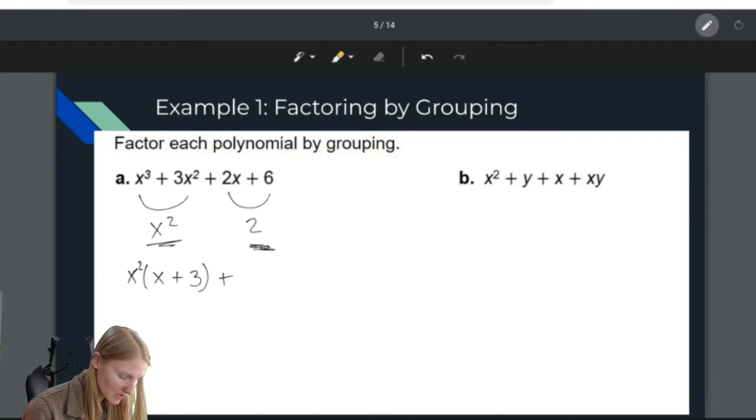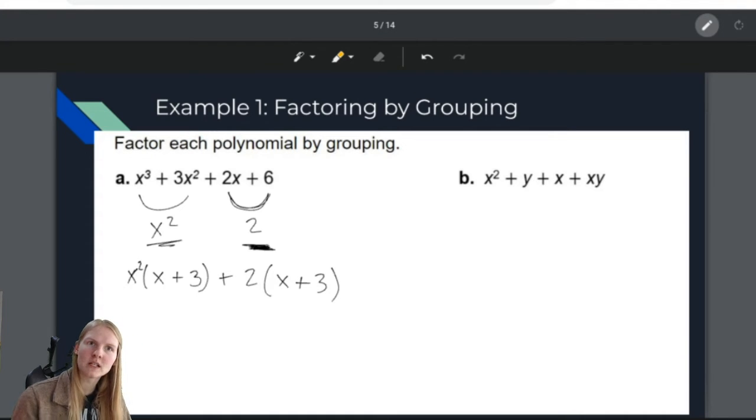Now I have plus, and I'm looking at these two now. If I pull this 2 out, I will get x plus 3. Oh my goodness, x plus 3. Would you look at that? Those are both x plus 3. This is where the magic happens. Because the x squared is being multiplied by x plus 3 and the 2 is being multiplied by x plus 3, we can rewrite it this way.